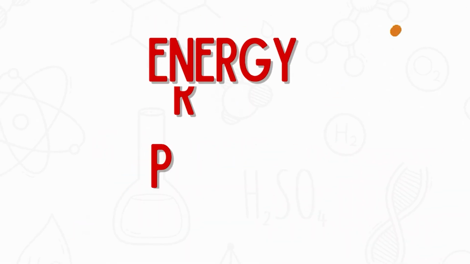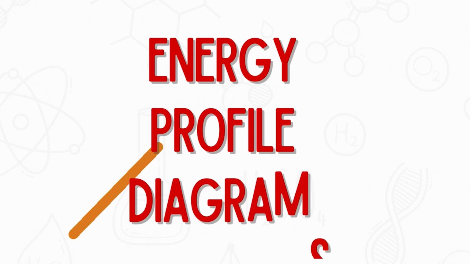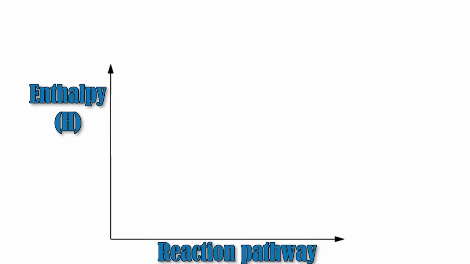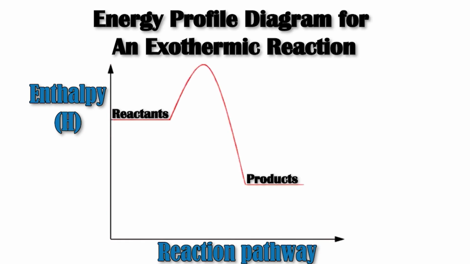Let's go into energy profile diagrams. Energy profile diagrams help you see what's happening with energy. Your x-axis is labeled the reaction pathway, while your y-axis is your enthalpy. In an exothermic reaction, the reactants start with more energy than the products, which means that energy is being released.